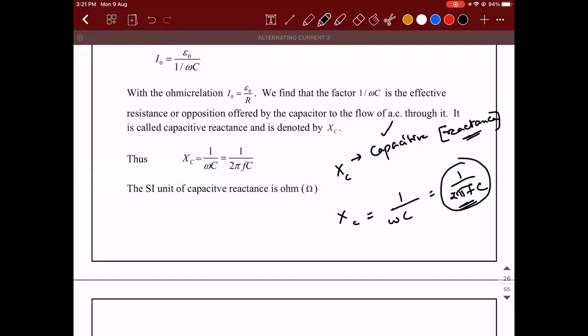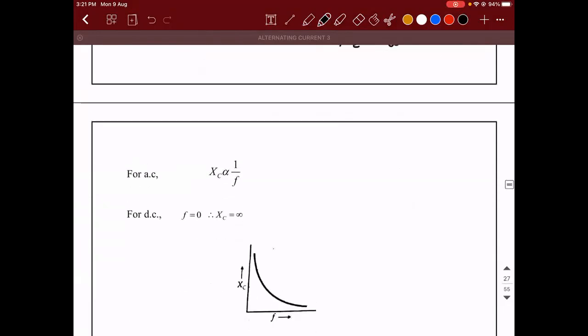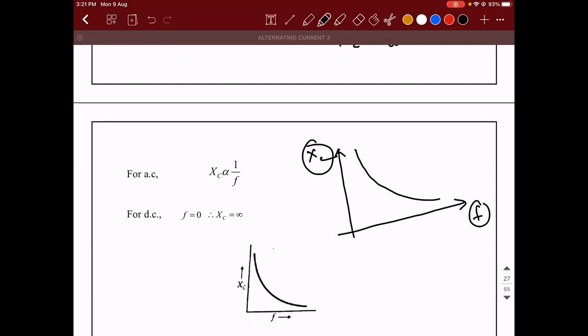So when you plot the graph for XC and the frequency, you can observe that the graph will be a decreasing curve like this. XC stands for capacitive reactance, f stands for the frequency of the input.